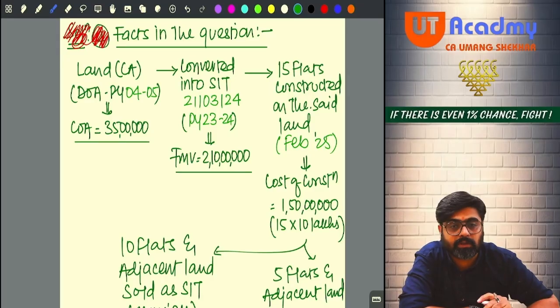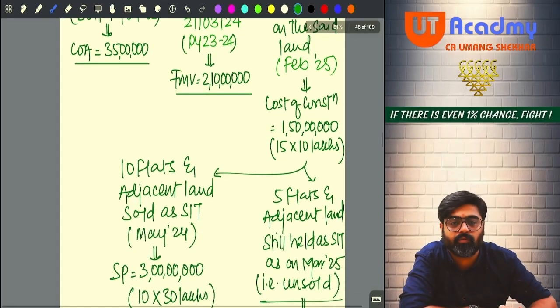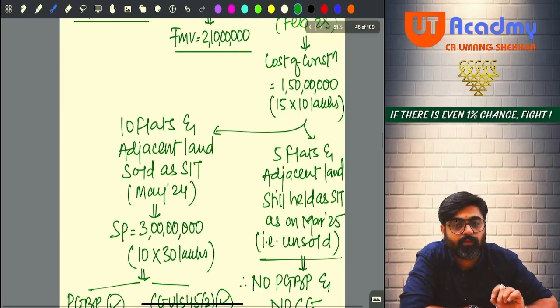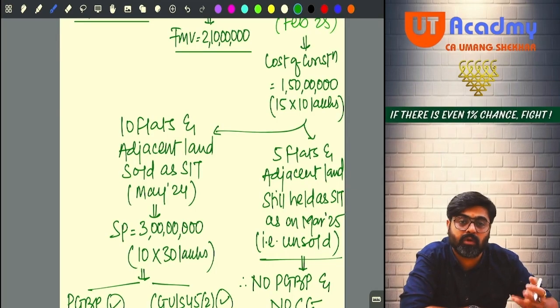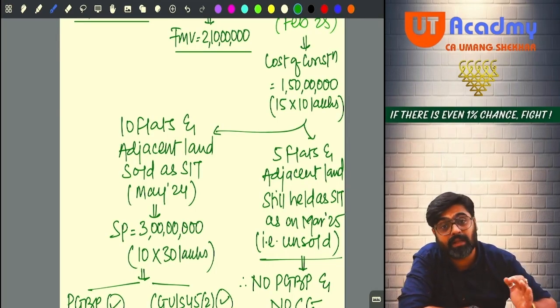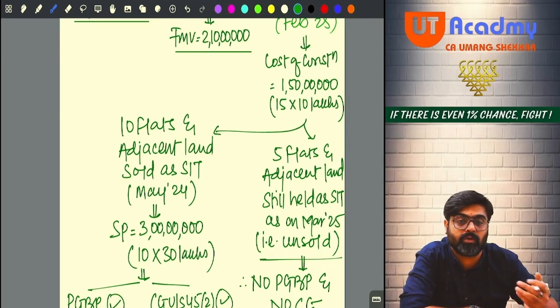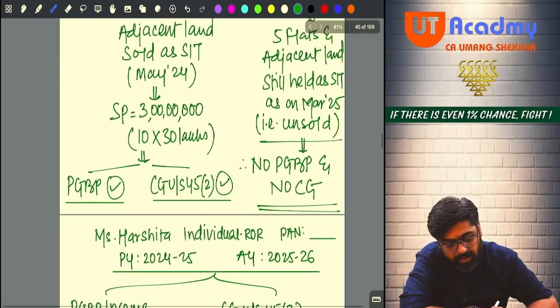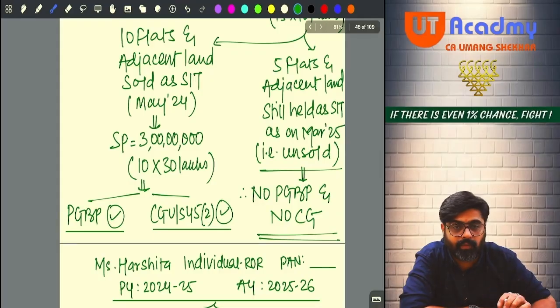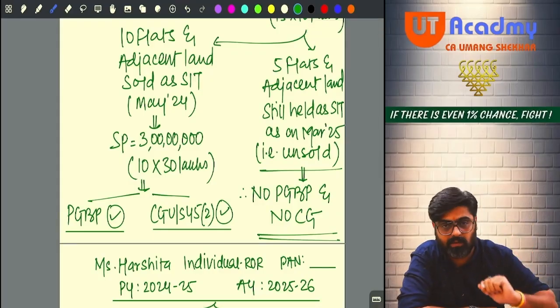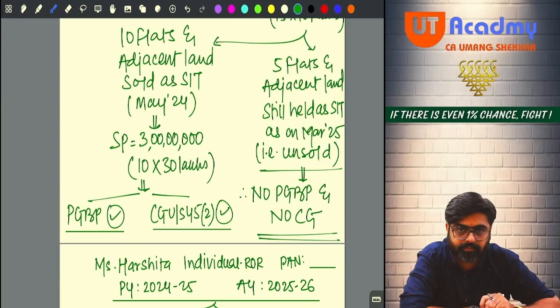So cost of construction of each flat was 10 lakhs. Okay, out of the 15 flats, 10 flats are sold. Meaning that the 10 flats are sold as your stock in trade, along with that land which got converted into stock in trade. Yes or no? So selling price of each flat along with the land was 30 lakhs.